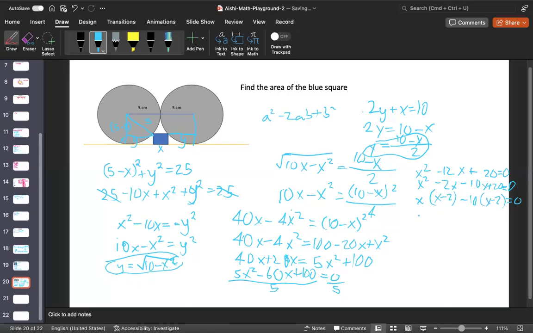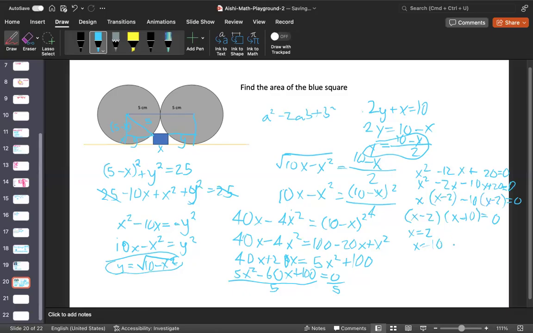Okay, so now let's turn this into (x minus 2) times (x minus 10) is equal to 0. Since this is equal to 0, then either x is equal to 2 to make x minus 2 zero, or x is equal to 10 to make x minus 10 zero.